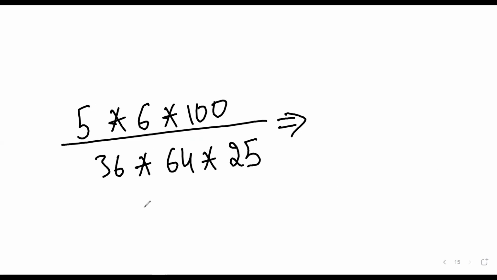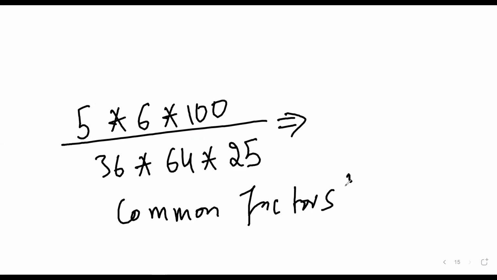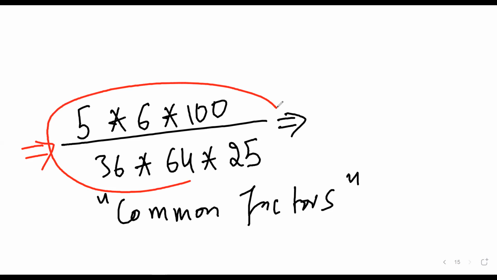Shabash. Here it would have been 2, but no, you can't even do 2. You can't do 5 either. See, the point that I'm trying to make is whenever you see something like this, your first instinct should be to take out the common factors first.